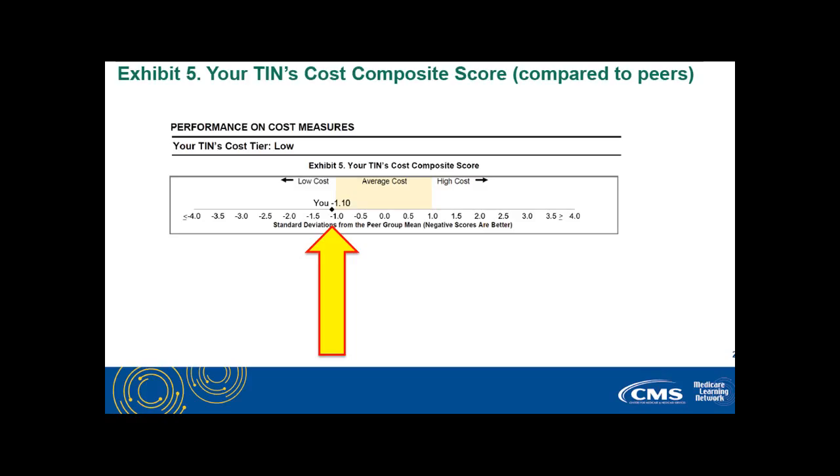So in addition to the cost, the quality, which is reflected in the numerator, in the denominator is the cost score. In this example, this particular TIN's cost was low, was greater than 1 standard deviation lower than average cost nationally. So again, that combination of high quality, low cost is what ultimately resulted in the 2% bonus for this particular group.